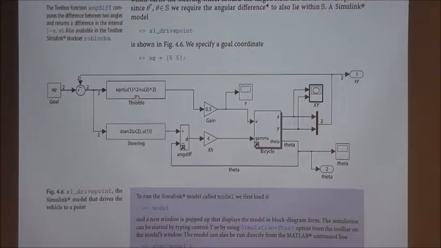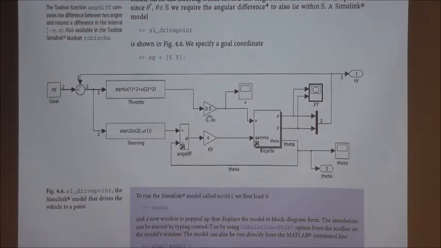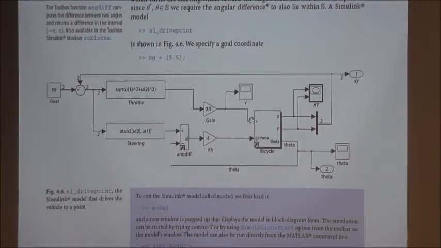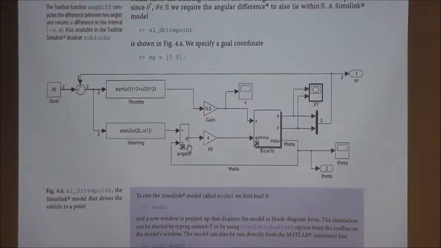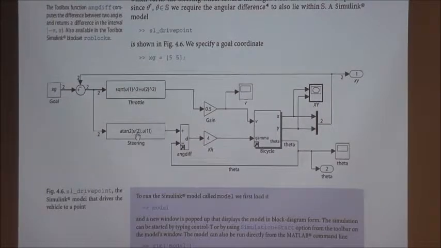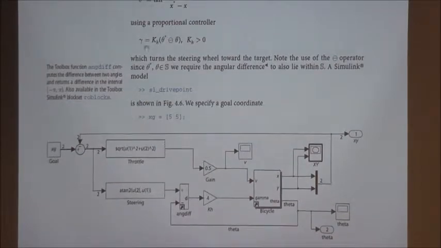I compute the square root of the sum of the squared differences. I get the error. Multiply by the gain of the P controller, 0.5, I get V. And then here I have arctangent of U2 over U1, which is right here.